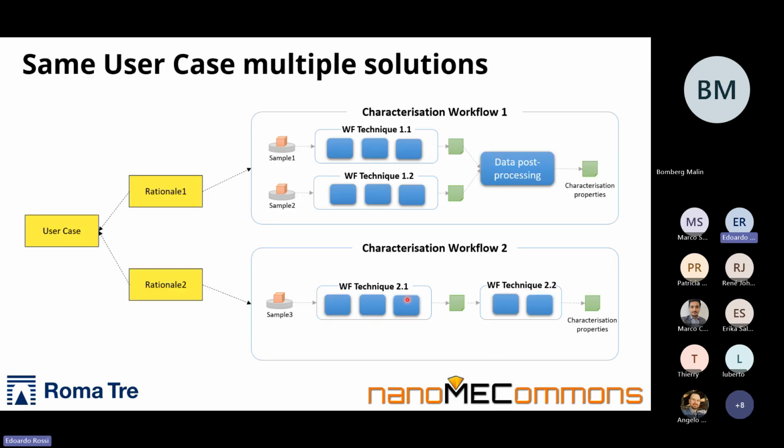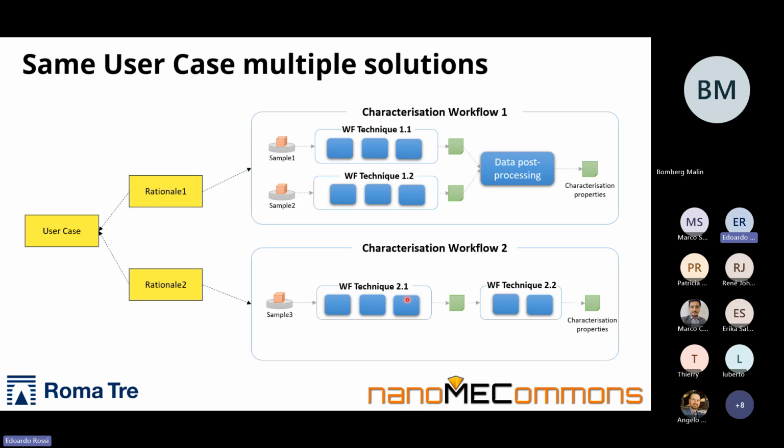And this is to tell you a really important thing about ontology: a use case can have multiple rationales. So I was giving you the example of pin on disk, and then in the slide it was written SEM, nanoscratch, and surface-free energy measurement.